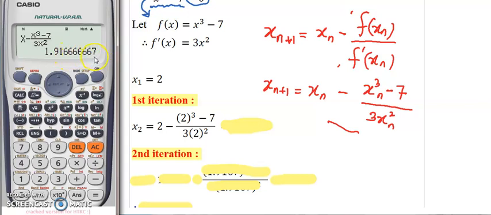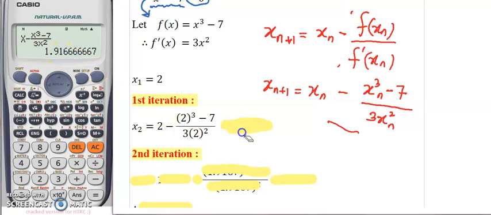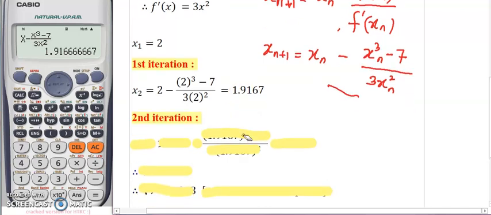If I keep the answer to 4 decimal places, it will be 1.9167. So this is the result we have. Continue. The question requires us to do 2 iterations, so now we only have the first iteration to get x2. Let us continue with the second iteration to get x3.